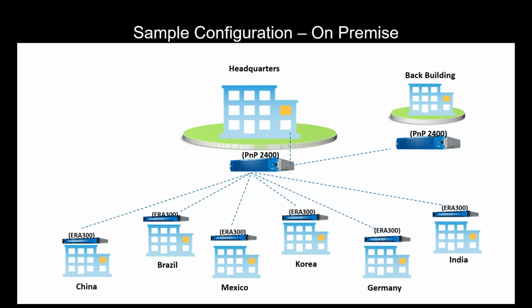So they wanted to put in an enterprise-wide solution. So this is where we had backups being performed locally very quickly, and then backed up to their headquarters, which then went to a second facility.